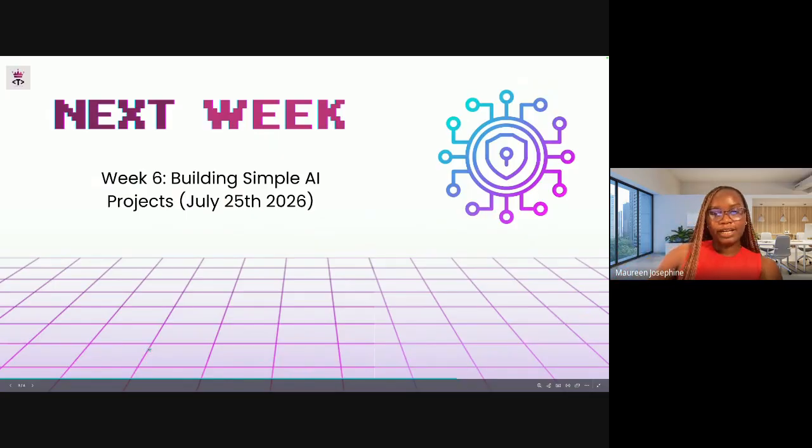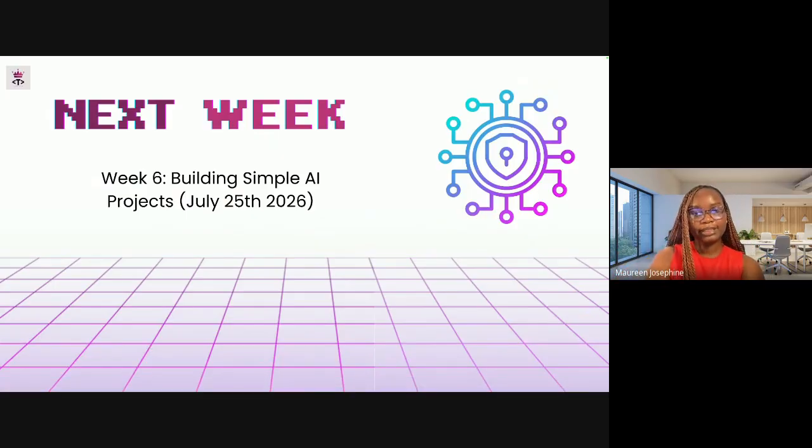That's it for today. The next time we'll be building simple AI projects. And next week we'll be having only 2 speakers because it would be long demo sessions by 2 speakers. So we will limit it to only 2 speakers unless otherwise.